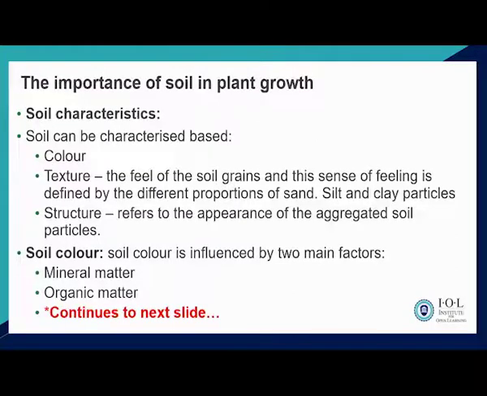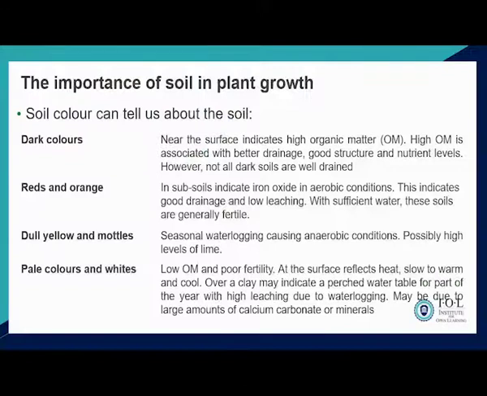When it comes to soil color, it's mainly influenced by two factors, which are mineral matter as well as organic matter. Soil color can tell us some details about the properties of that particular soil.